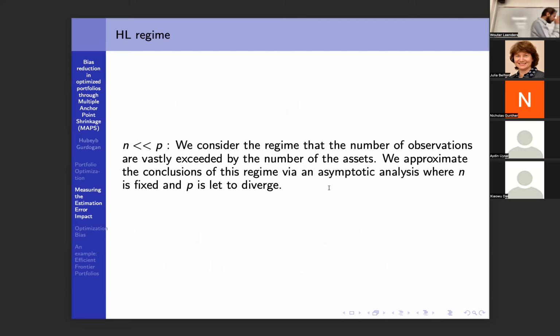N stands for the number of observations, basically exceeded by the number of returns. And in order to approximate the conclusions of the HL regime, we set N fixed and send P to infinity. So this is the reasoning behind the asymptotic analysis that we do.